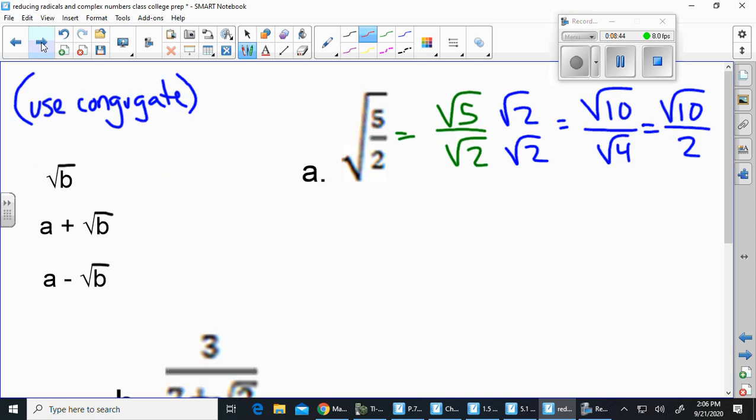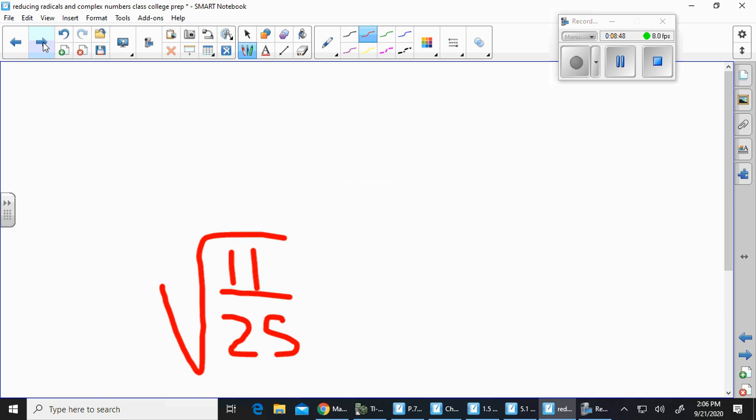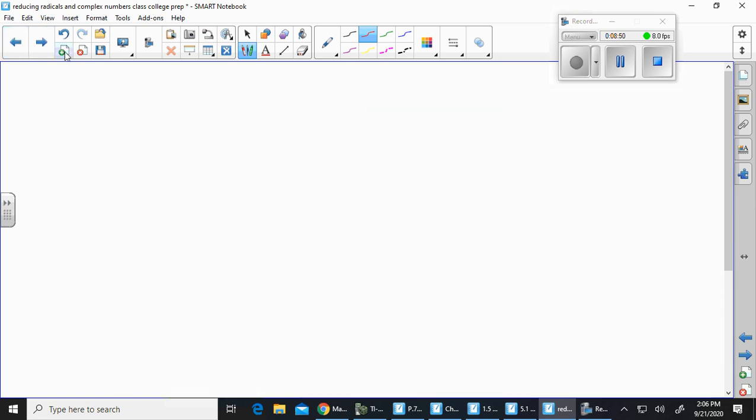So really this comes in when we have things that we cannot get rid of the radical after we split it up. So we would have square root of 5 over square root of 2. Square root of 2 is not a perfect square.